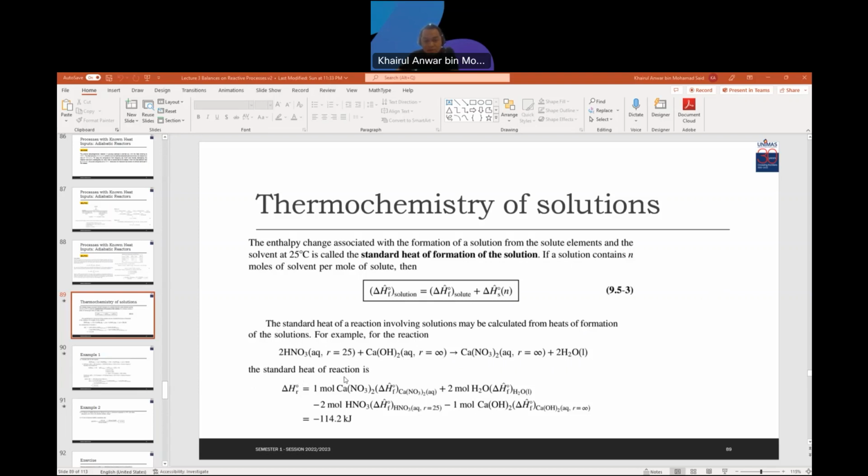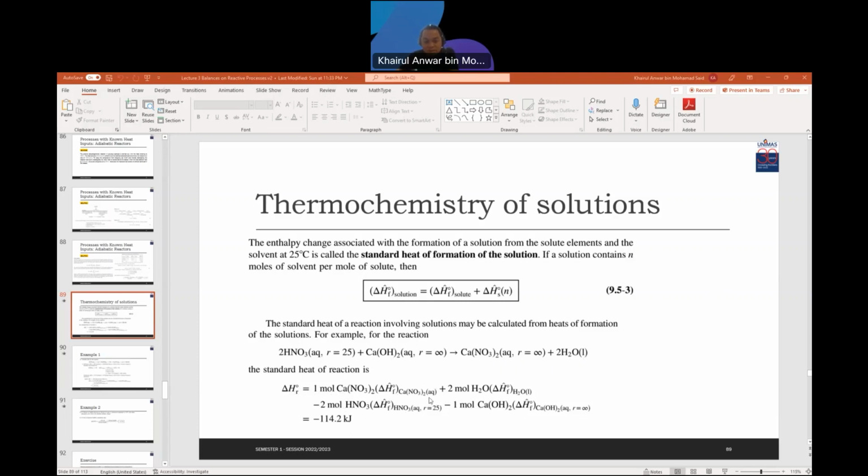The standard heat of reaction is delta HR equal to 1 mole Ca(NO3)2 delta HF of Ca(NO3)2 plus 2 mole of H2O minus 2 mole of HNO3 minus 1 mole of Ca(OH)2.